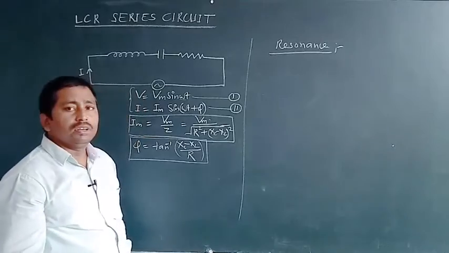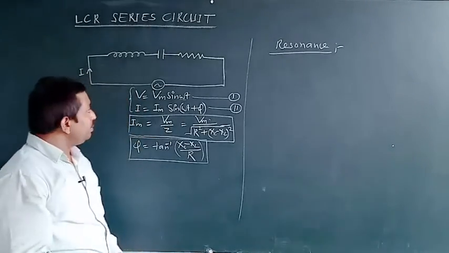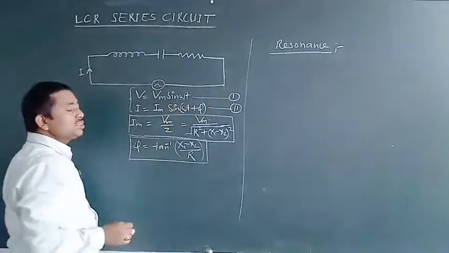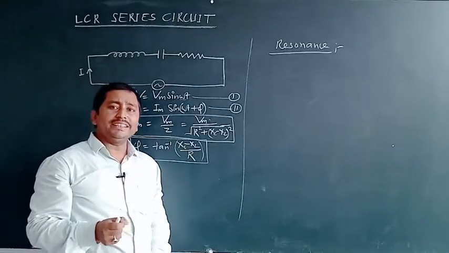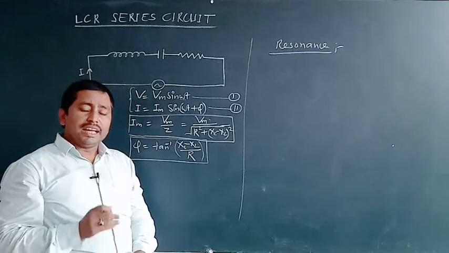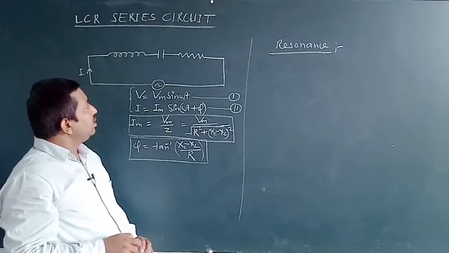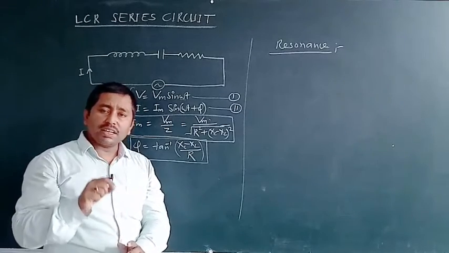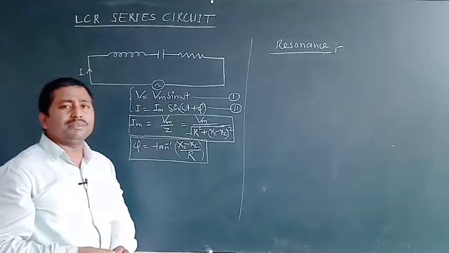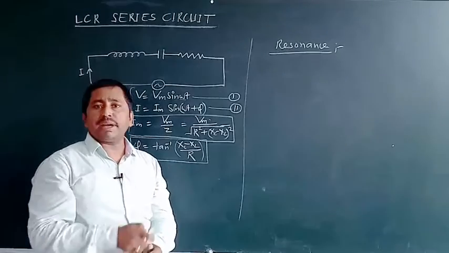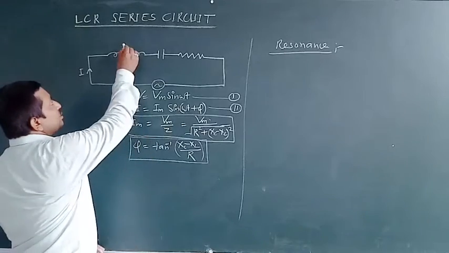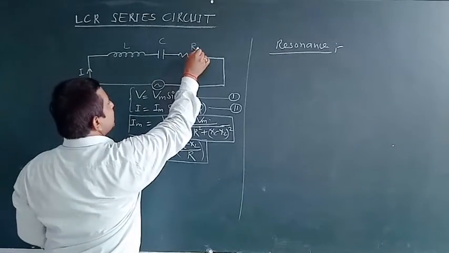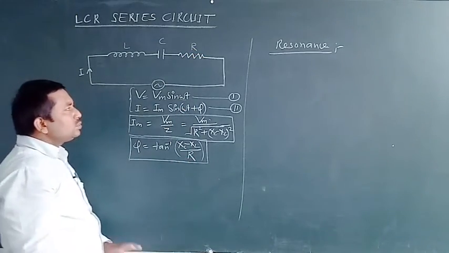So we know that if the amplitude of the current flowing through this LCR series circuit becomes maximum at any instant of time, what will be the criterion at which the current reaches its maximum value without changing the inductance, the capacitance or the resistance?